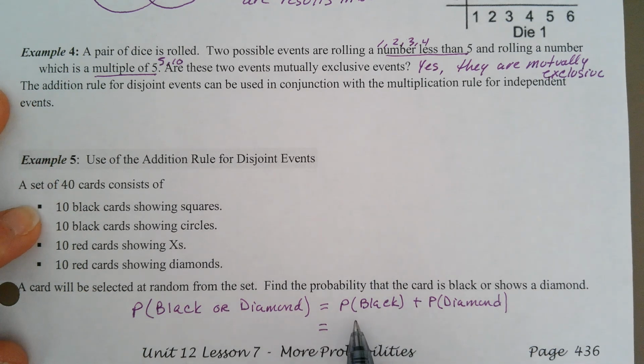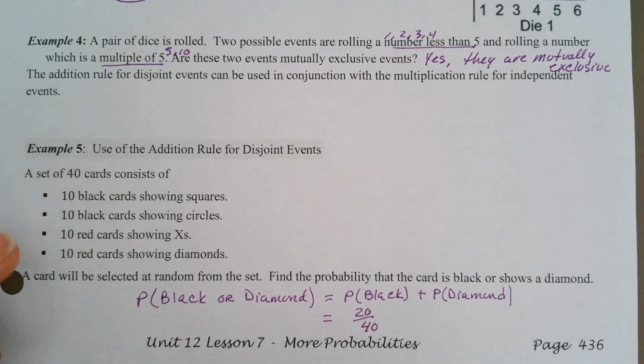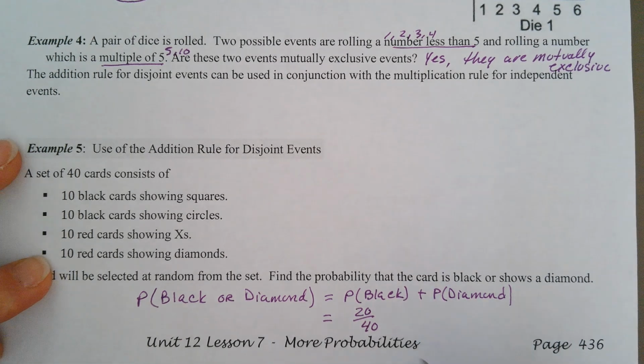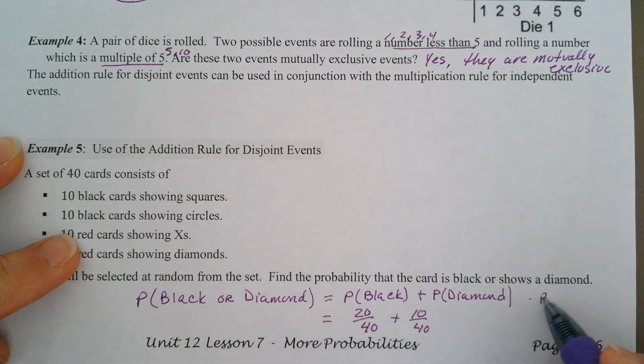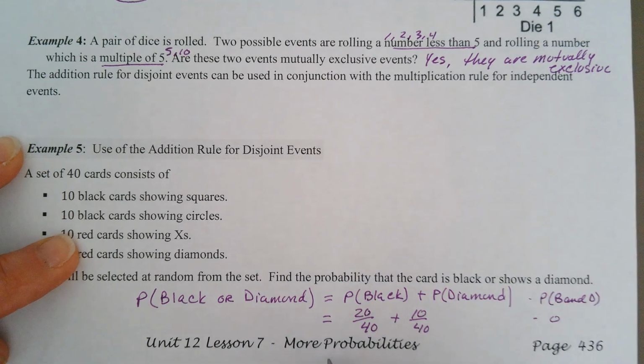The probability of black is 20 out of 40, and the probability of diamond is 10 out of 40, minus the probability of black and diamond, which is 0. So this is 30 out of 40.